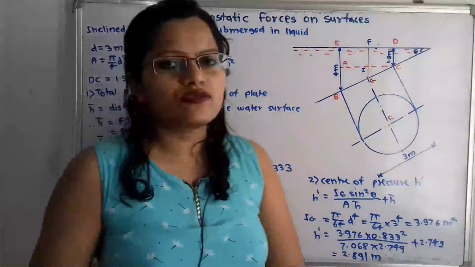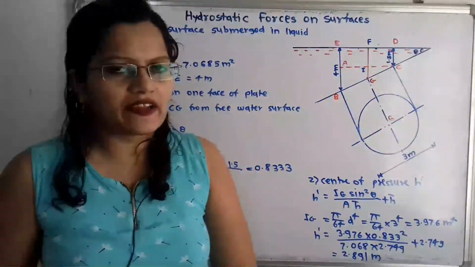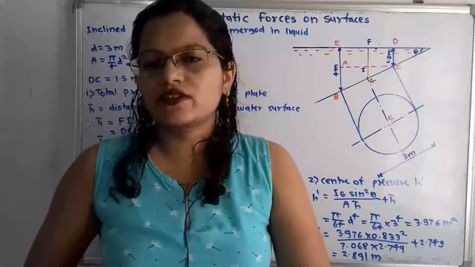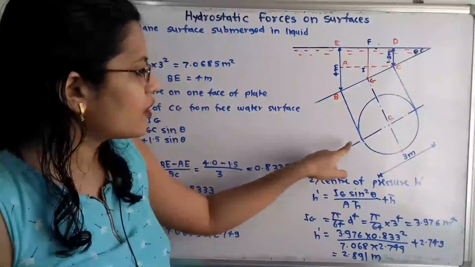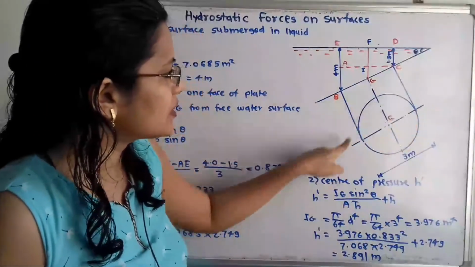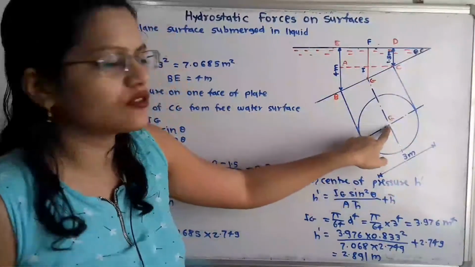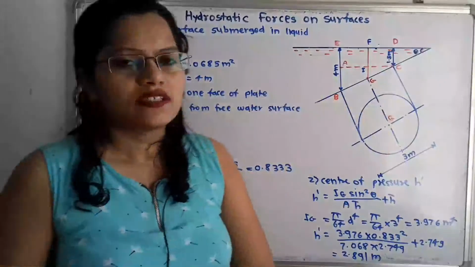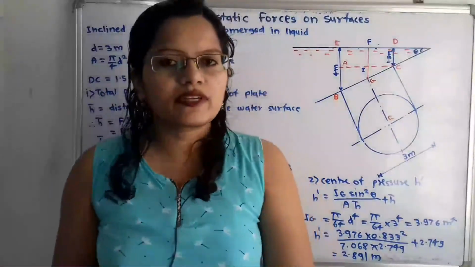Now we have to plot the center of gravity point. We know that at the center there is the center of gravity. Here is the horizontal axis and vertical axis passing through the middle point, and at this point there is G, the center of gravity point.